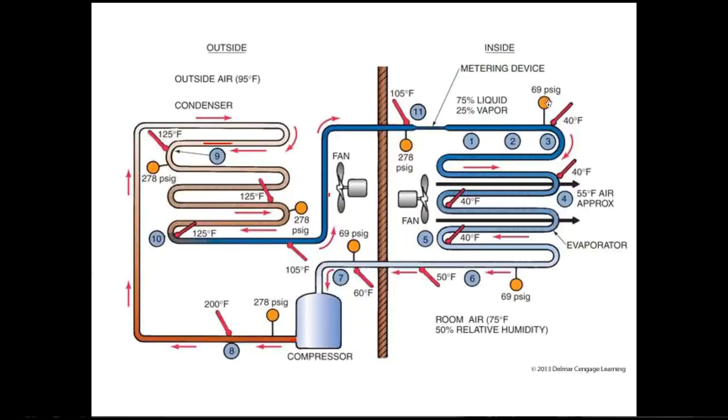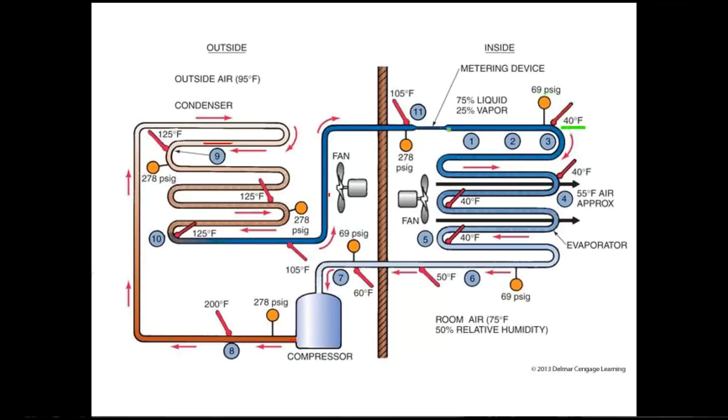And you can see here, our gauge reads 69 PSIG, and we have our thermometer on. We can't really measure this in the coil, but for the sake of our class, we do. If you could measure that coil, we would read 40 degrees.